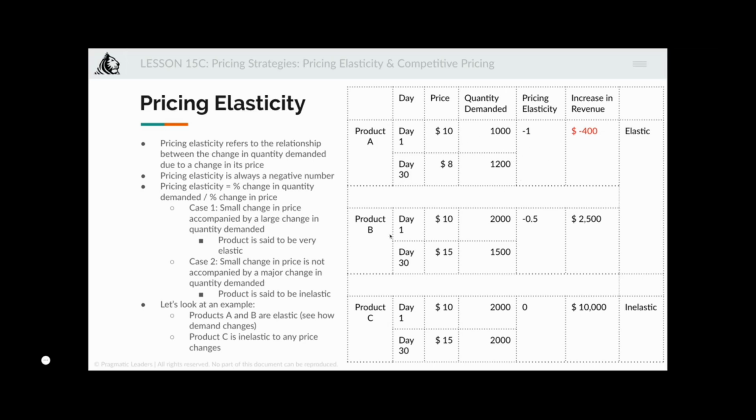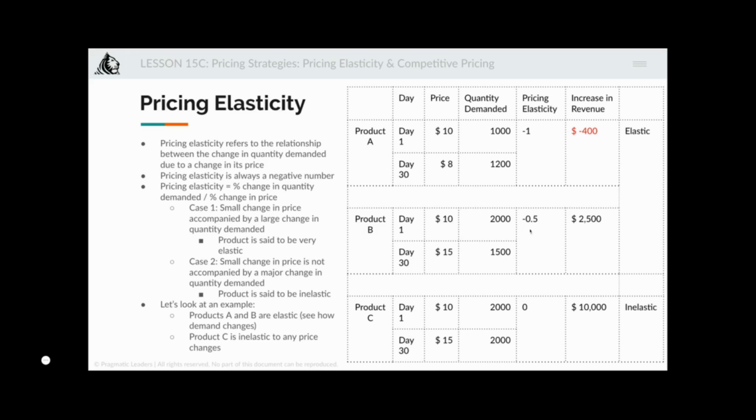Product B, on the other hand, had its price increased from $10 to $15, and the quantity demanded moved from 2000 to 1500, and the pricing elasticity reduced from -1 to -0.5, right? But the increase in revenue was 2500. Despite a lesser number of products, we were able to make more revenue.